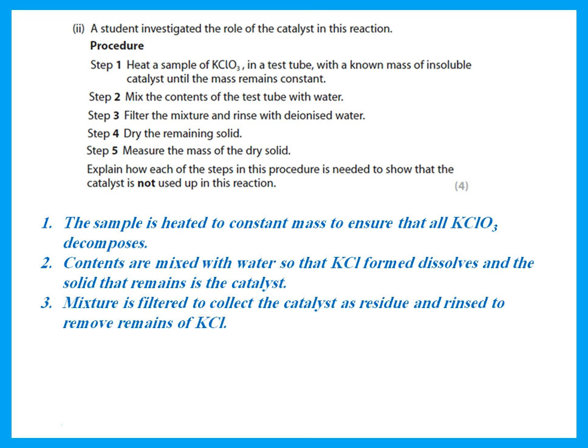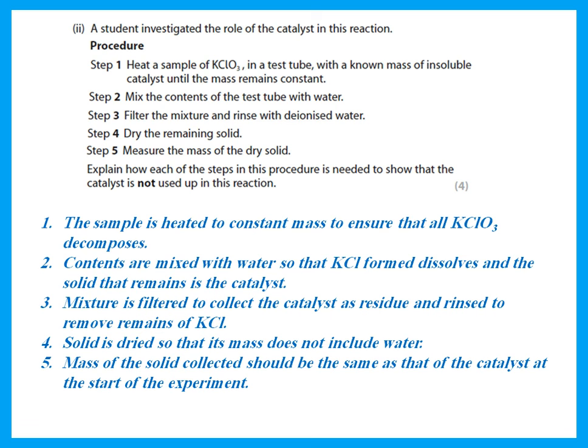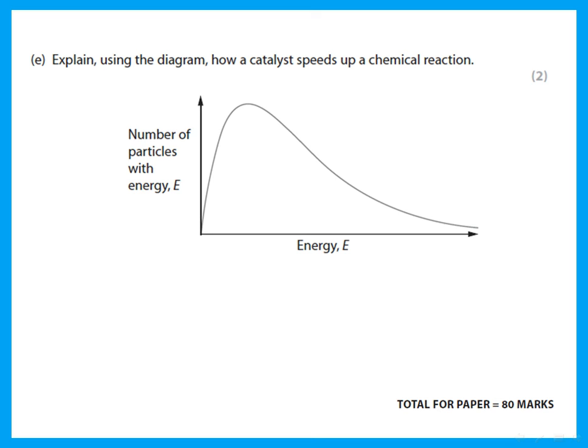Of course, we're filtering it so that we can get the catalyst as a residue, and we rinse it to remove any remains of KCl that is still with the catalyst. Then step 4 says dry the remaining solid to get rid of any water so that it doesn't add to the mass of the catalyst. Then we say measure the mass. We want to show that if it is a catalyst, then the mass at the end would be the same as the mass at the beginning of the experiment.